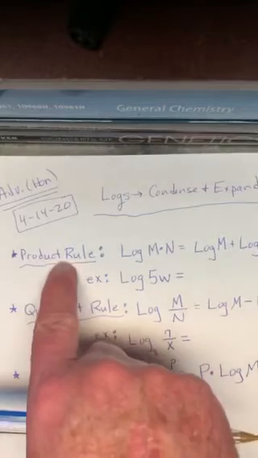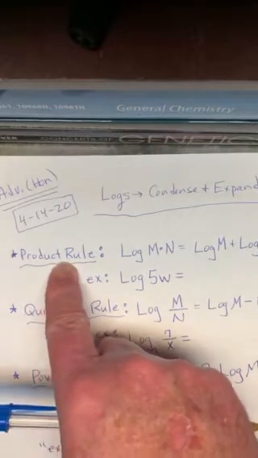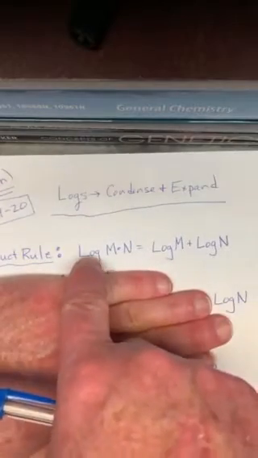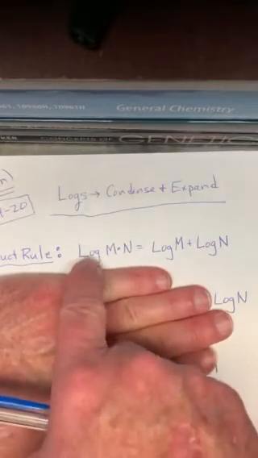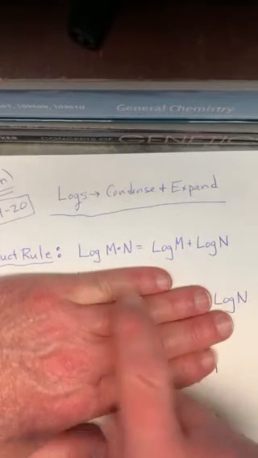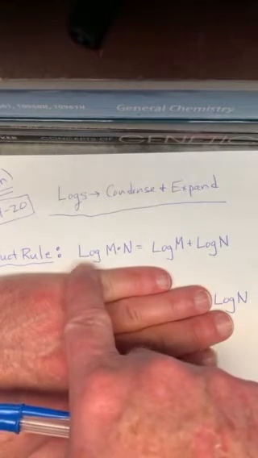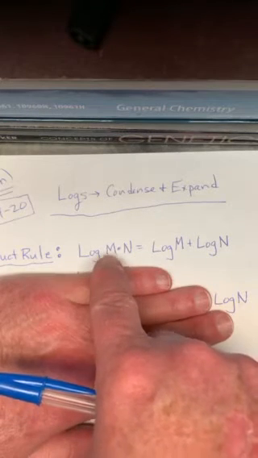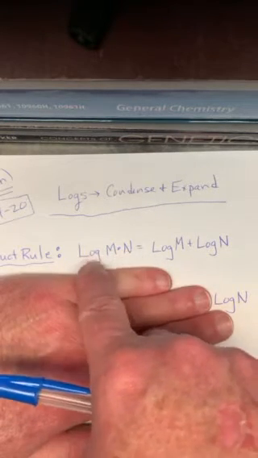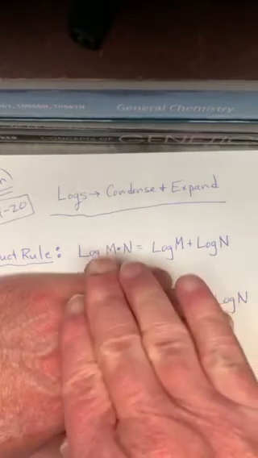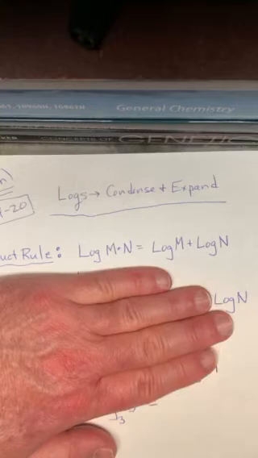Here we go. The product rule for logarithms says the following. If I ever have the log, that could be a common log, natural log, regular log. It doesn't matter what the base is. If I have any logarithm, and it's the log of, now notice I use the letters m and n, m times n. It's the log of a product. You are allowed to change that, if need be, when solving an equation.